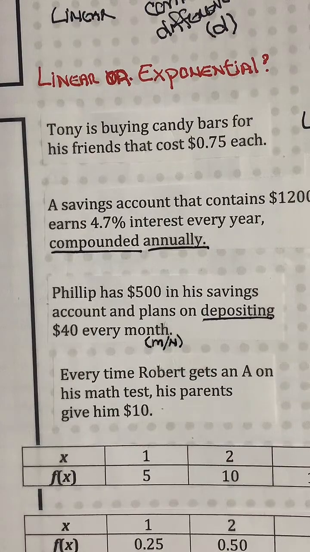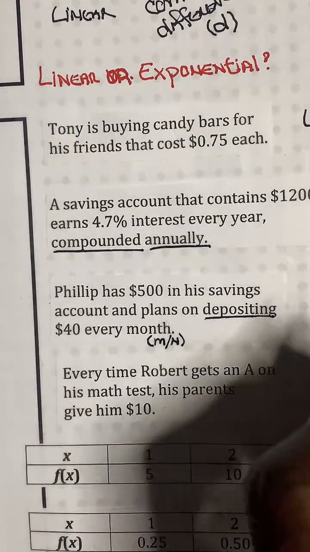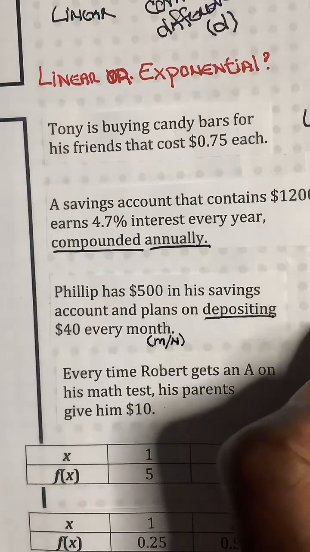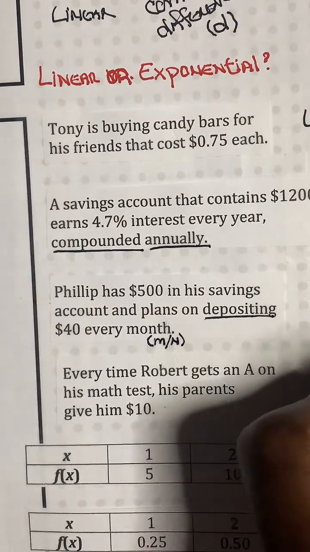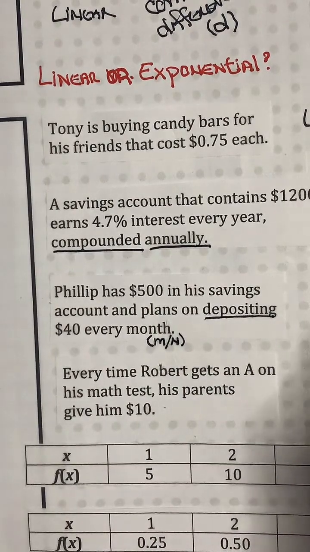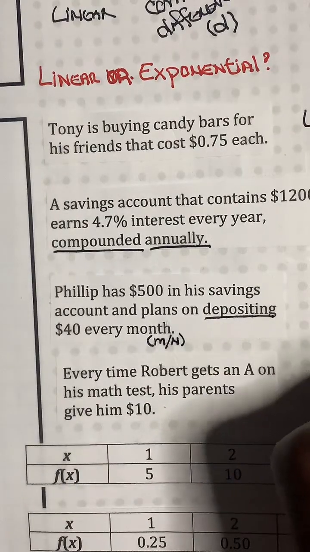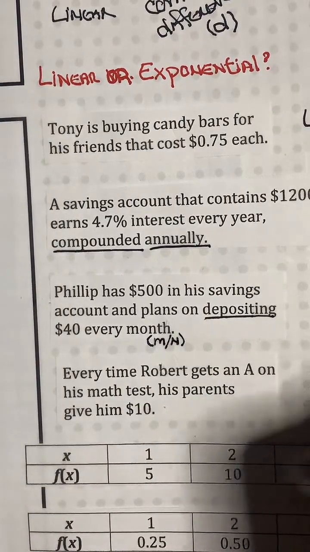So why subtracting? Okay, all right. So we started out with $500, so that's like your y-intercept.